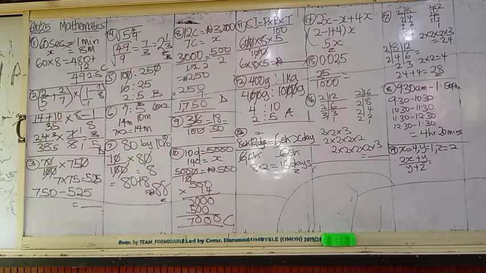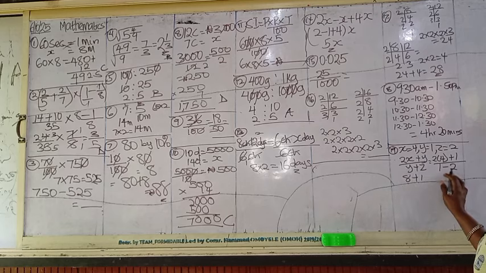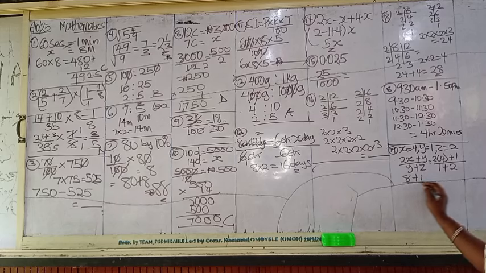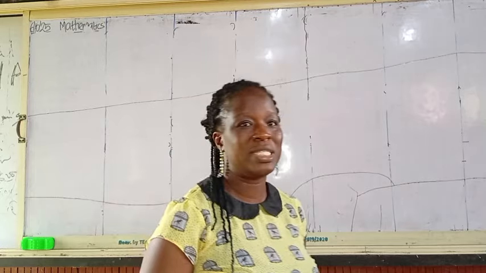So 2x, the x there is 4, so we have 2 bracket 4 plus y, which is 1, over y, which is 1, plus z, which is 2. So 2 times 4 is 8, 8 plus 1 is 9, over 3, and that is 9 over 3, which is equal to 3. So our answer there is 3. And that is the number 19 question.